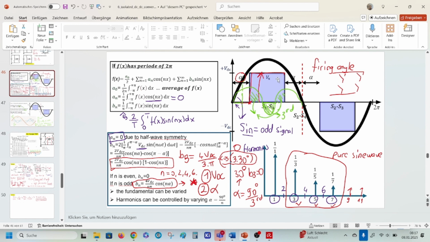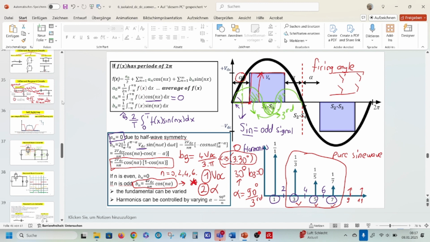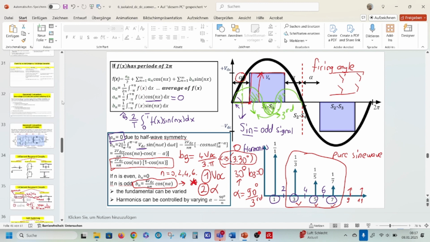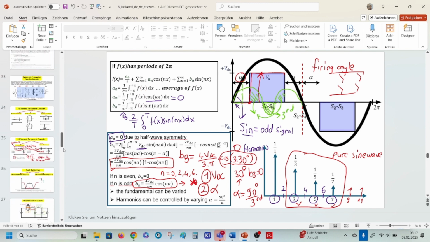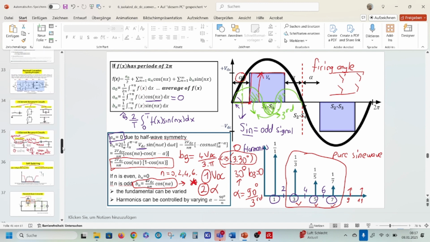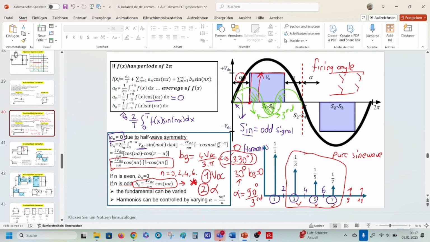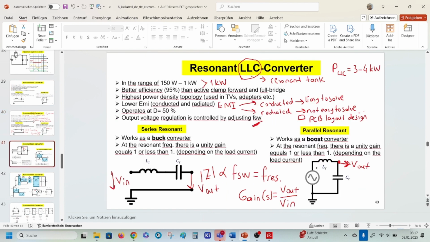How do we calculate the first harmonic approximation from a DC signal to an AC signal?